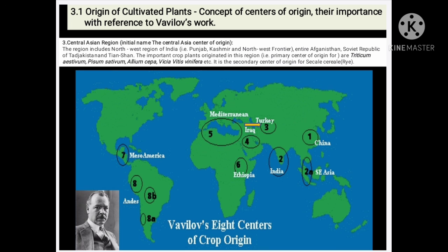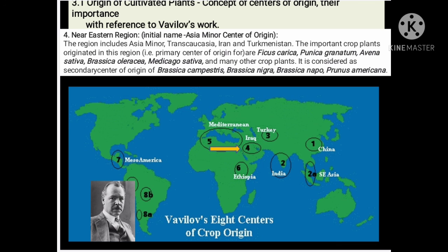cereals like rice. After completion of the third center, the next center, the fourth center, is the Near Eastern region, initially named the Asia Minor Center of Origin. While you observe the world map, the fourth figure indicates the Near Eastern region. This region includes Asia Minor, Transcaucasia, Iran, Turkmenistan.